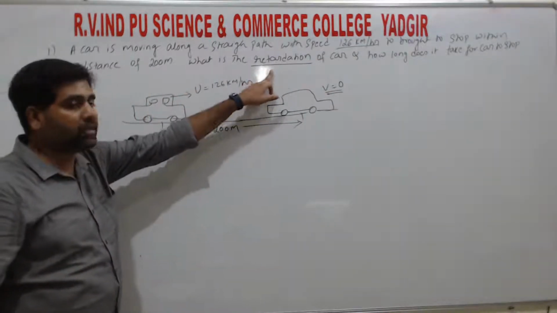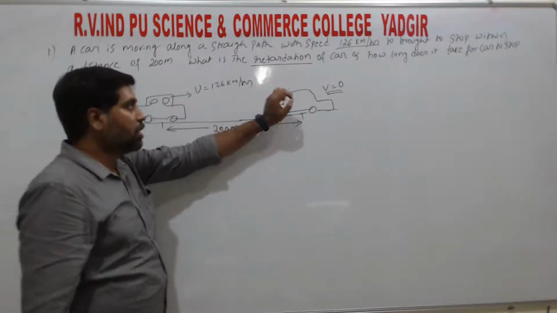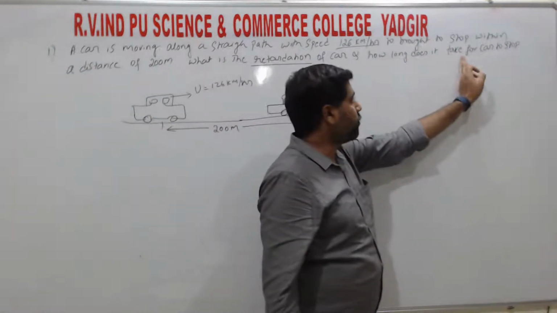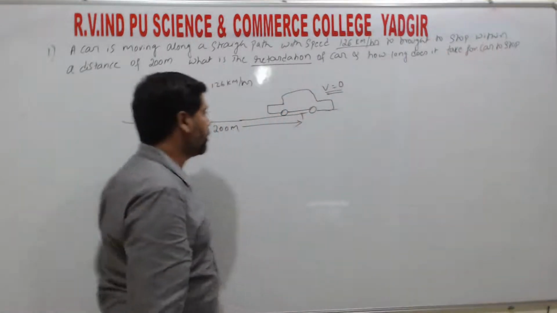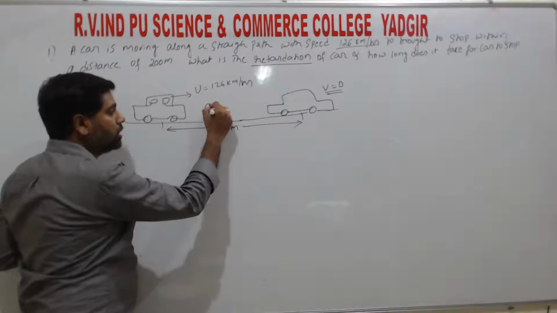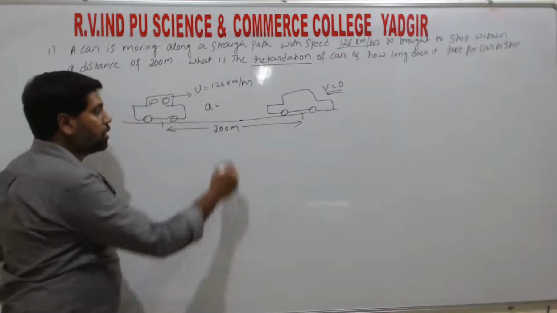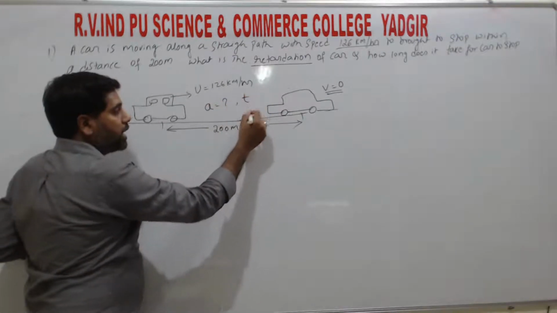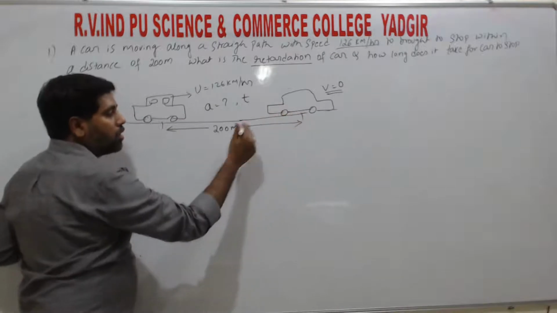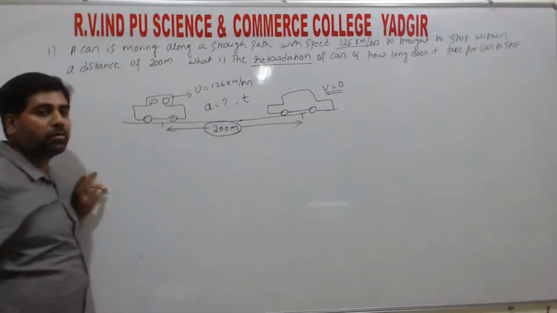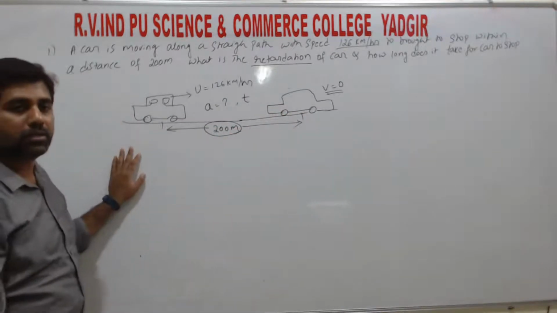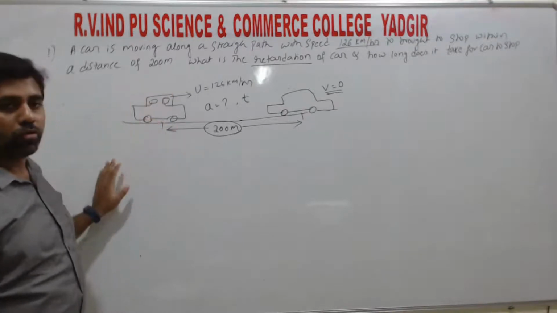Retardation is nothing but the acceleration, and how long it takes for the car to stop. That means we are going to find the acceleration of the car and the time taken to stop the car, or the time taken to cover these 200 meters. So this is about the question.